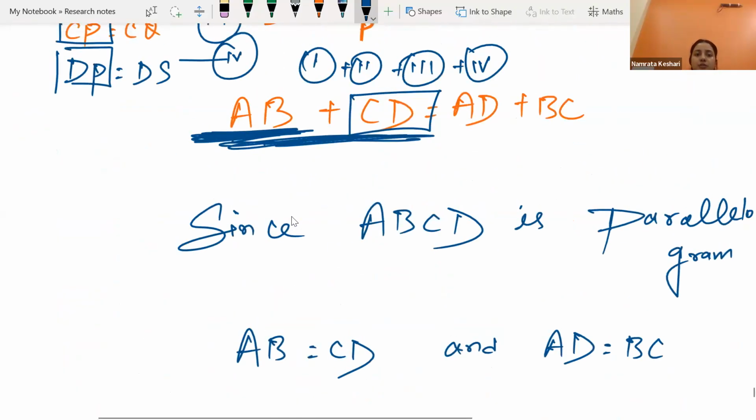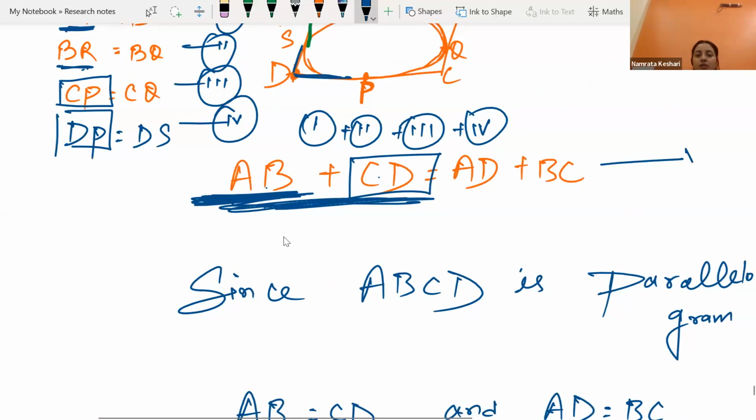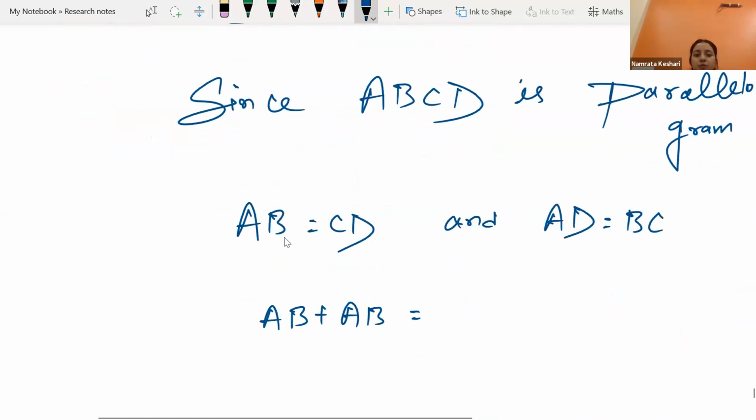Now let's substitute. Here AB is there, CD we can also write as AB. So basically AB plus AB is equal to this, which you can call equation number 5, where we are substituting the parallelogram's property.